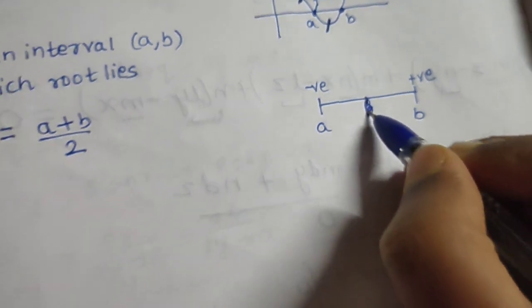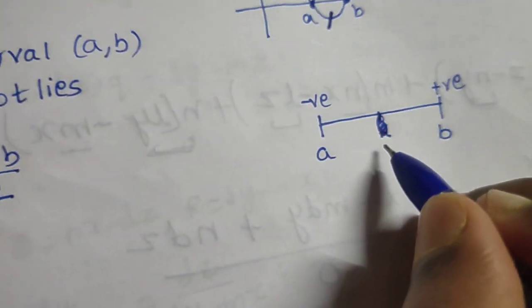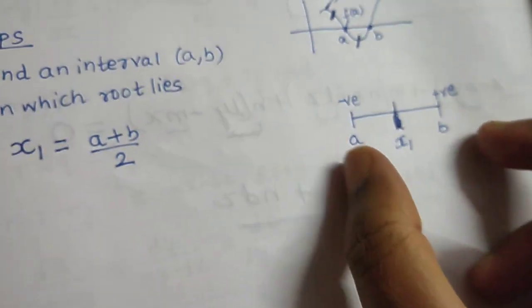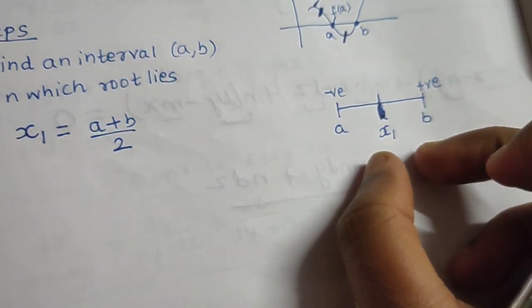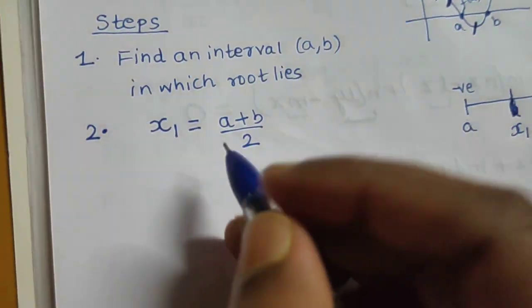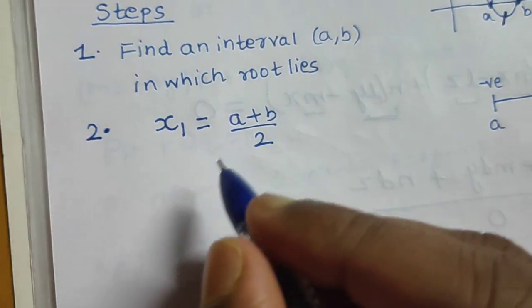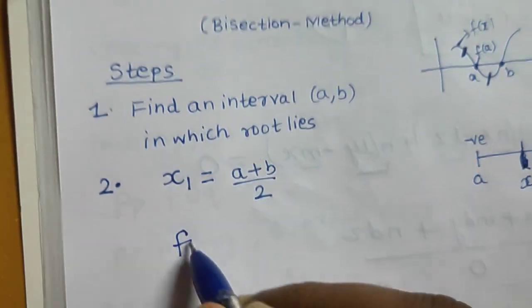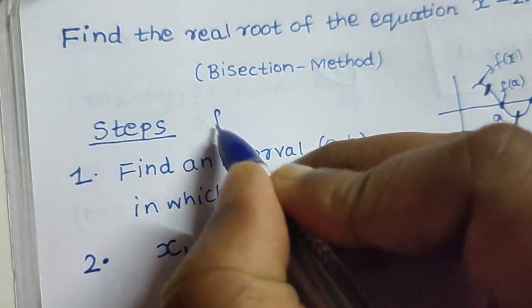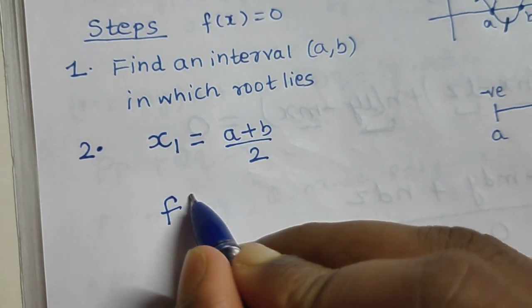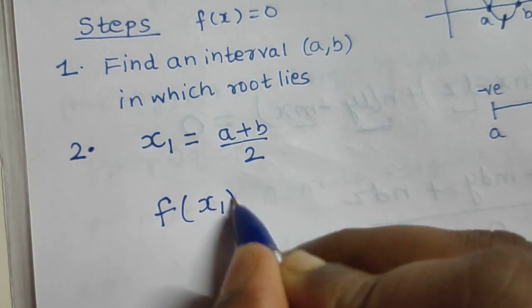Let's say that is x1. I don't know where the root is, but you are reaching exactly in the middle. Now after you get this x1 point, you will have to check the value of the function f(x) at x1.